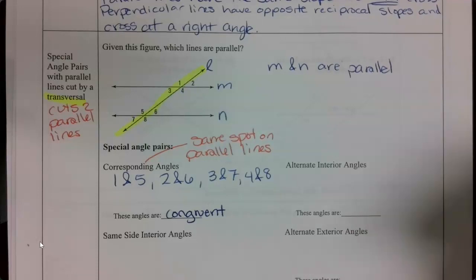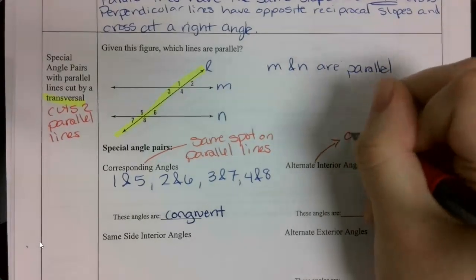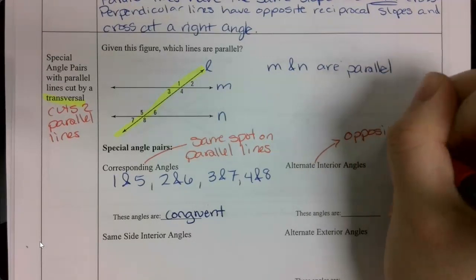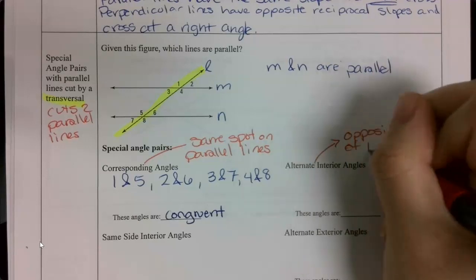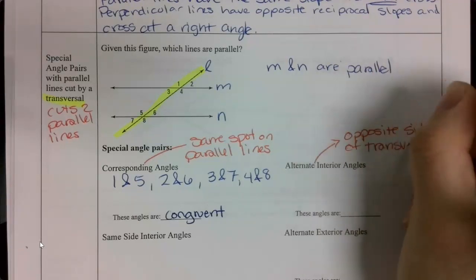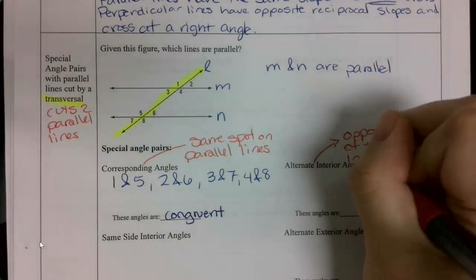Okay, so my next angle type is alternate interior angles. These are on opposite sides of the transversal, inside the parallel lines.